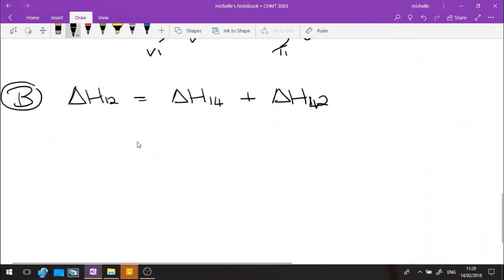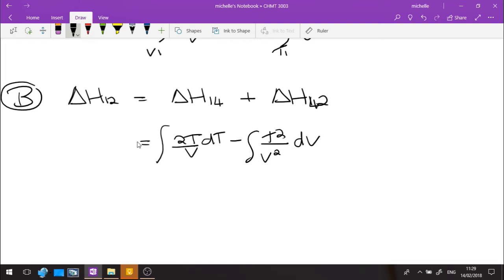Right, so delta H14, what is it? It's the integral of 2t over v dt minus the integral of t squared over v squared dv.